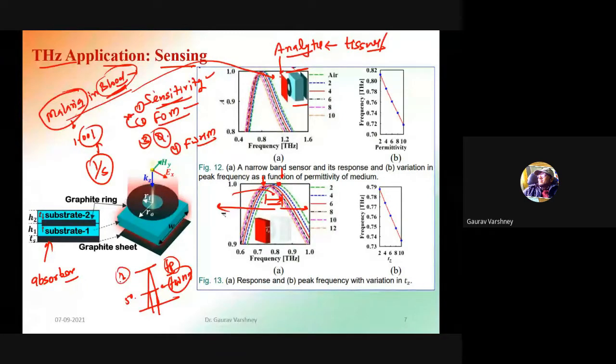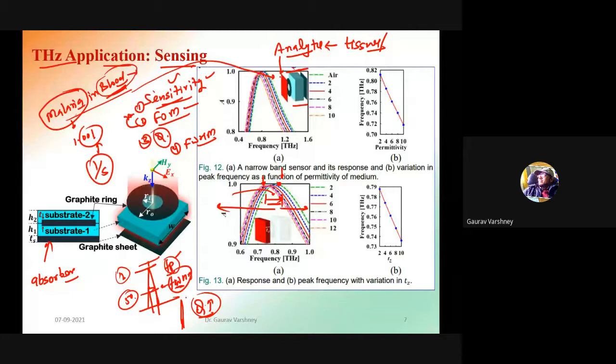Quality factor will be high if FWHM is minimum, that is, if the band is narrow. If any absorber or biosensor is able to provide the narrowest band, it will provide a very high quality factor, and a high quality factor will somehow provide ultra high sensitivity as well.